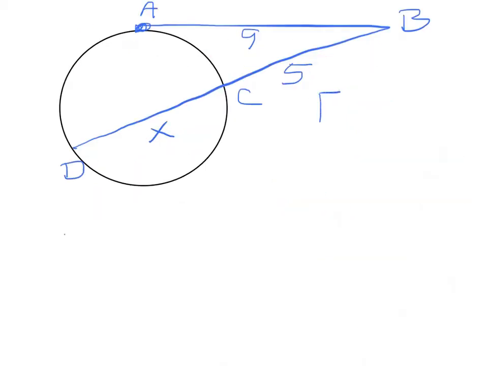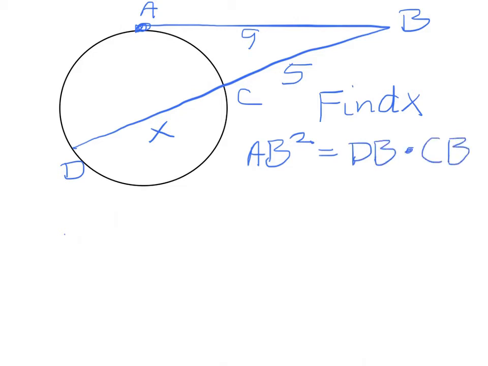As you can see with this problem, we'd like to find x as well. This one is a tangent line and a secant line. So we're going to use the tangent secant segments theorem, which, if you write it out, you should have AB squared equals DB times CB, the secant times its external secant.